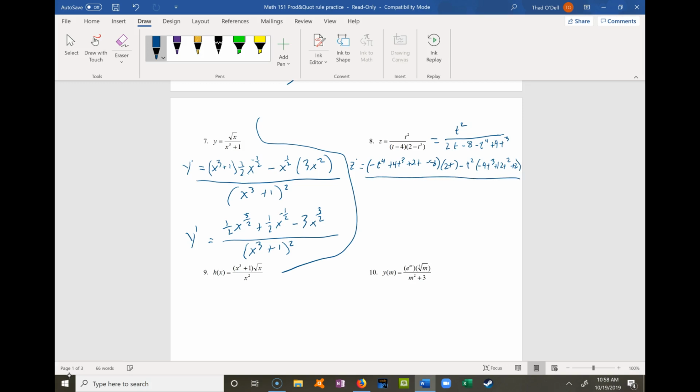Oh, just barely fit it in. On the bottom, I'm going to have a negative t to the fourth plus 4t cubed plus 2t minus 8, whole thing squared.